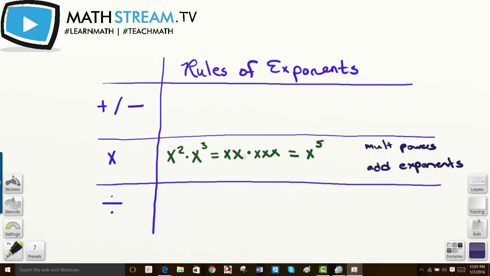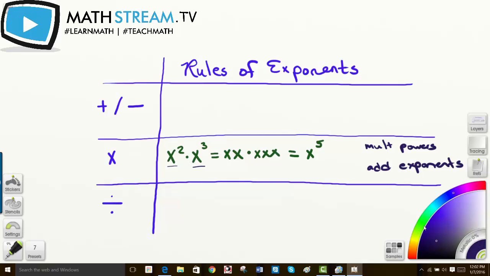In other words, we were taking x squared times x cubed, but what we did to get from point A to point B is we took 2 plus 3, and that equals an exponent, or a power of 5, x to the 5th. So when we multiply powers, we add the exponents.